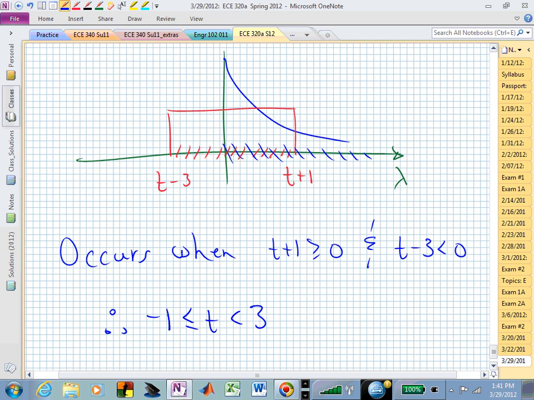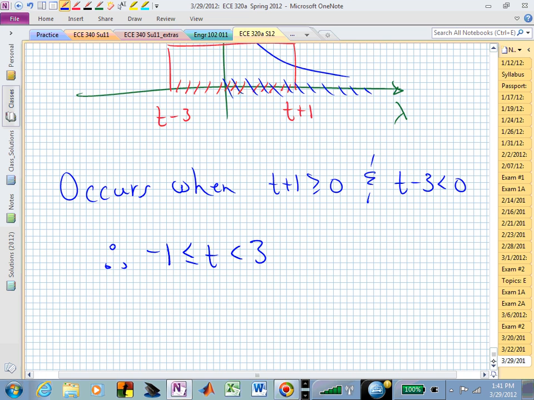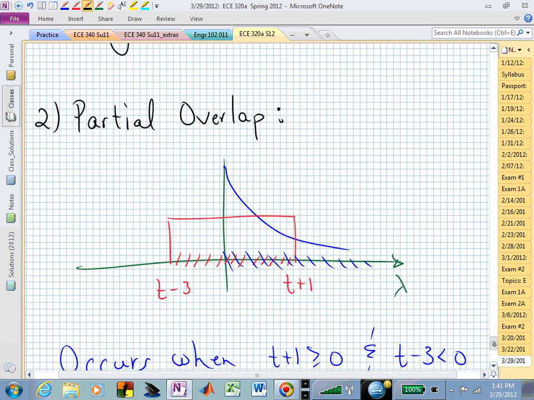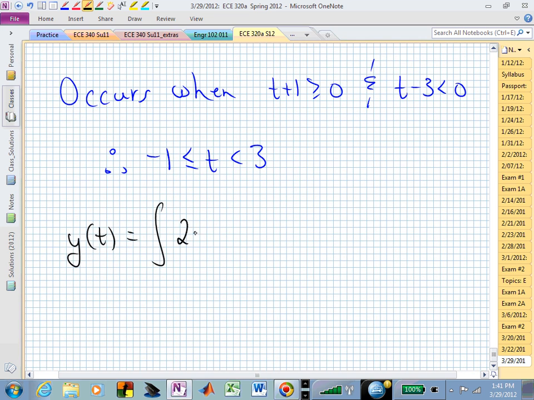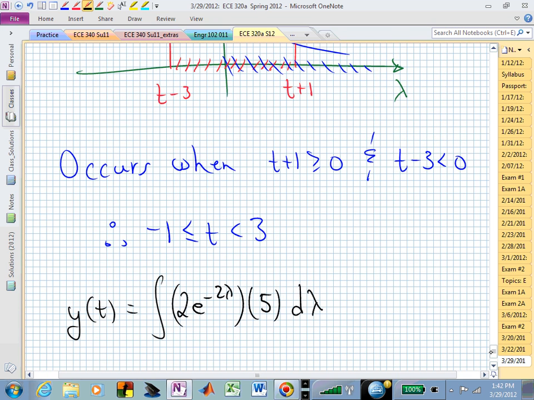Between t equal minus 1 and 3, what's my convolution integral look like? y of t. It's going to be an integral of h of lambda, which was 2 e to the minus 2 lambda, times x d lambda. But what are my limits of integration? Minus 1 to 3?